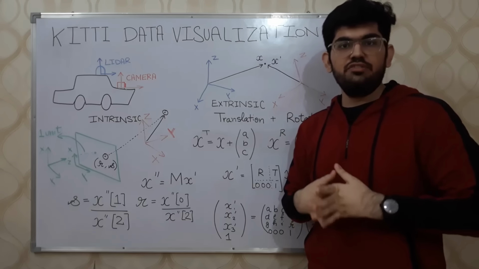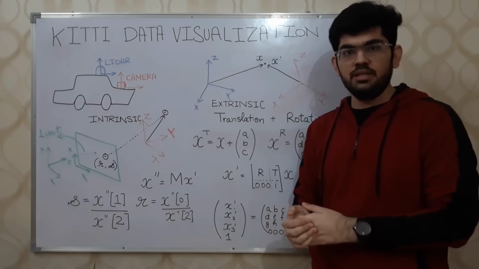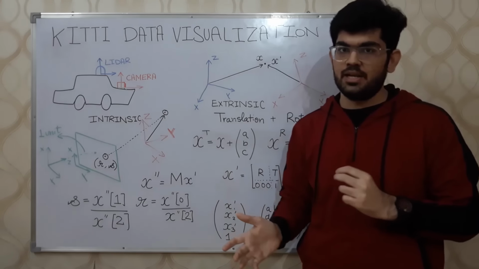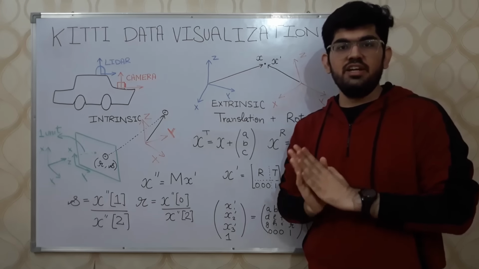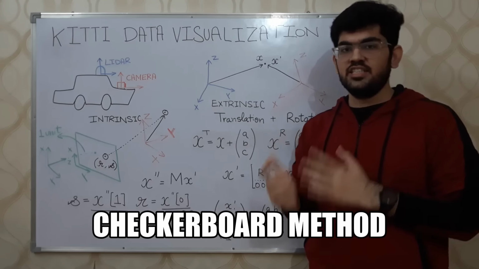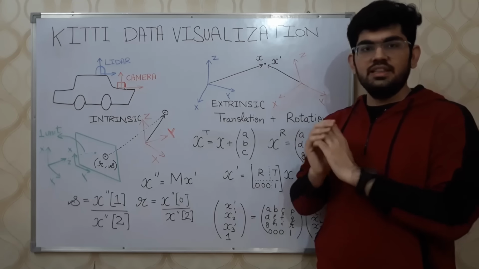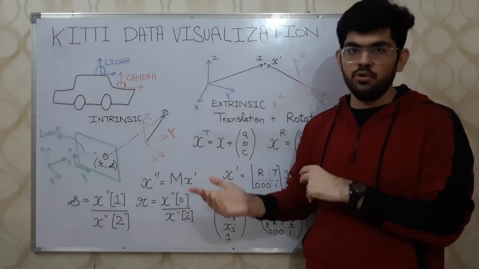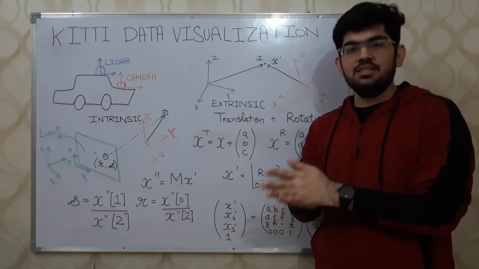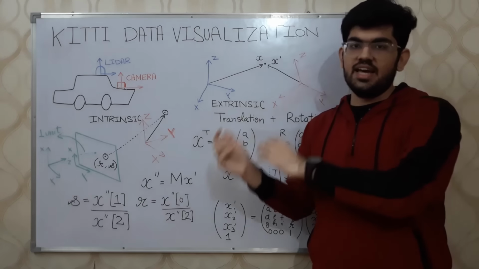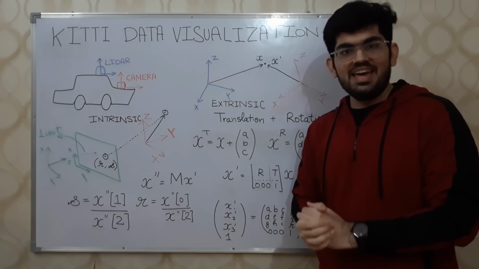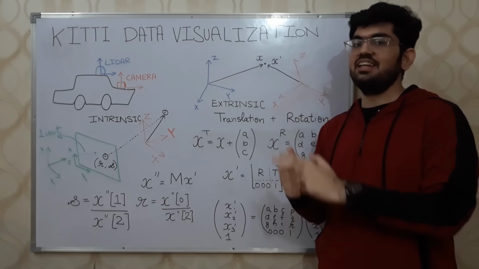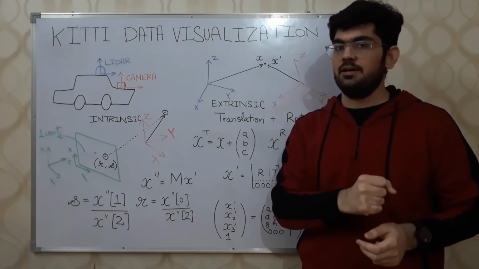There are a number of different ways to determine the extrinsic and the intrinsic parameters of a given camera. One very popular way is the checkerboard method. In this method, we take a printed photo of a chess or checkerboard and we click its images in different positions and angles. We apply a number of different operations to those images to determine the extrinsic and the intrinsic parameters of the camera.